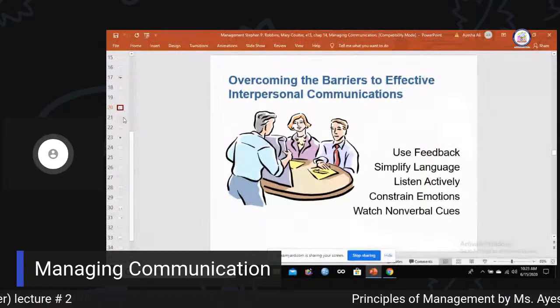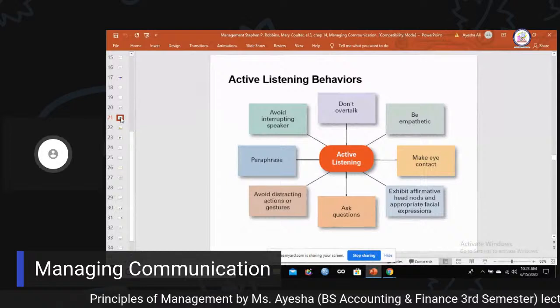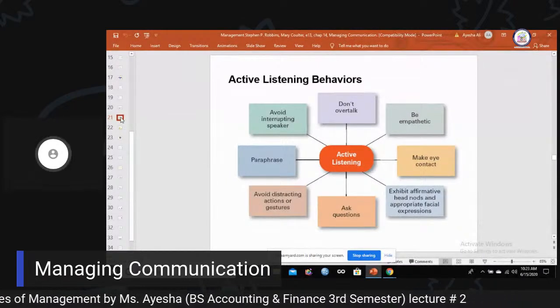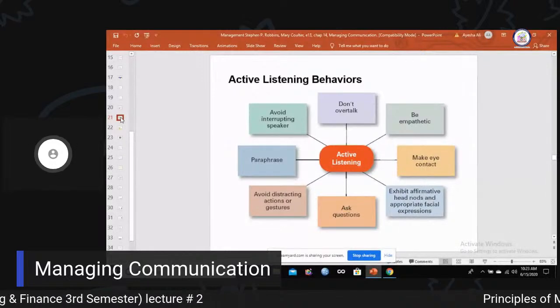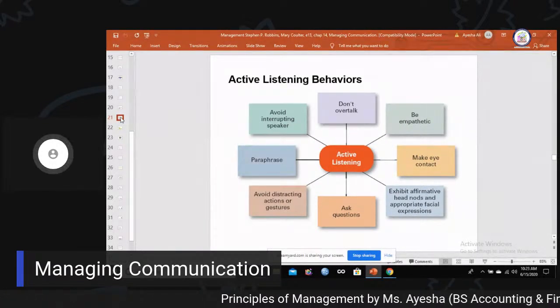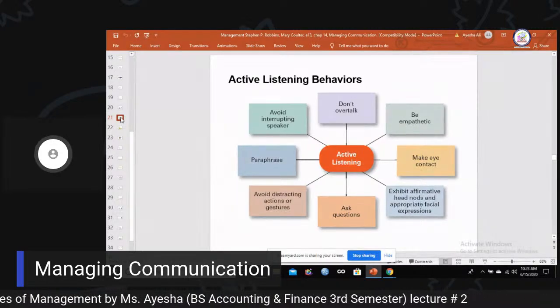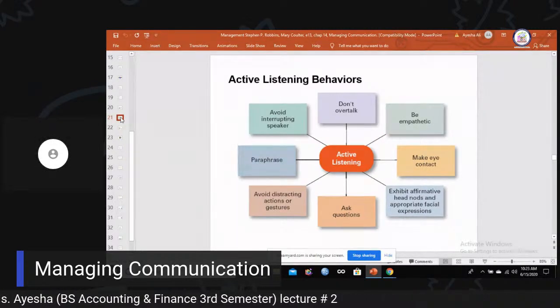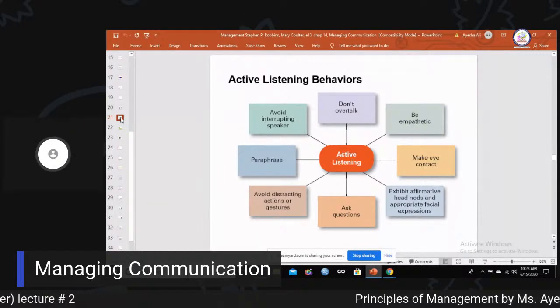The next slide is active listening behavior. Basically, listening is a very difficult activity, because most of the time we can talk, but listening is exhausting to do. But if we listen actively, so many things are cleared in our mind.